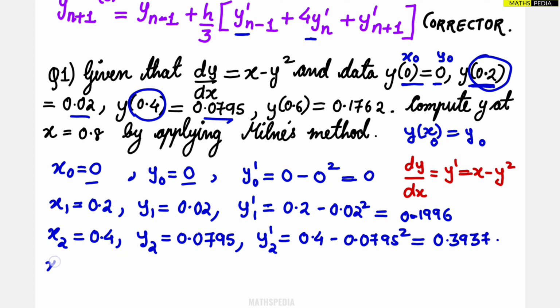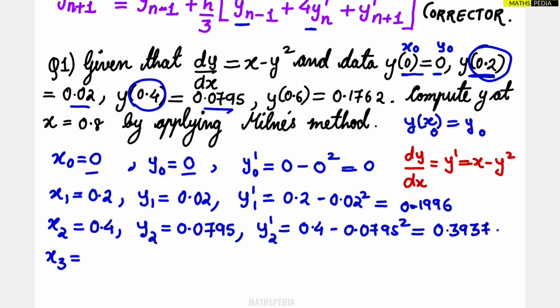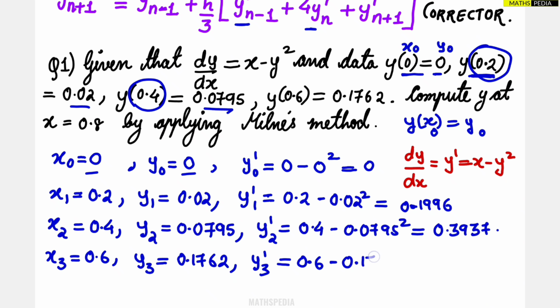Next we'll go for the x3 value. The x3 value is 0.6, and the corresponding y3 value is 0.1762. So y3 dash is equal to 0.6 minus 0.1762 square, which is equal to 0.5689.